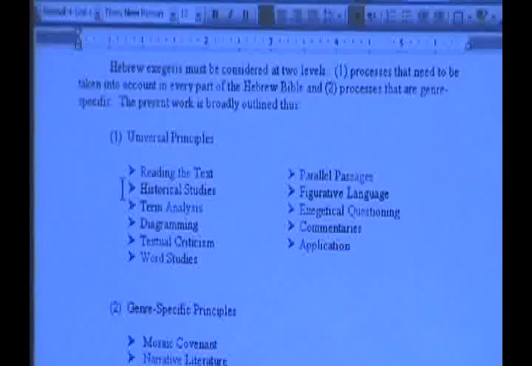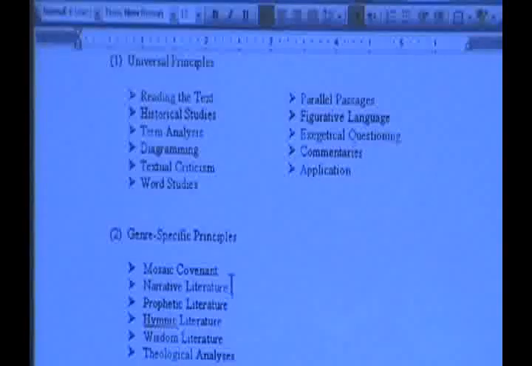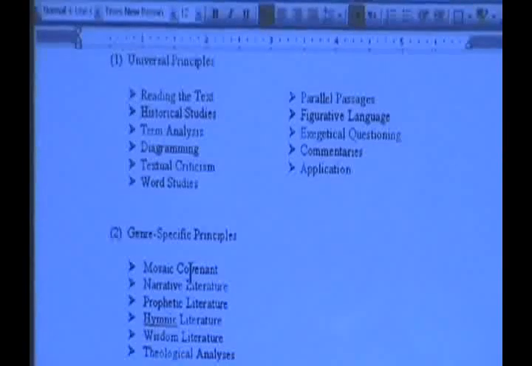This kind of study, reading a text, historical studies, etc. The genre-specific principles, obviously, you only deal with narrative literature, only narrative, right? Those kinds of things. But you use the universal principles when you do this other type of study. So this adds more to it, if you will, or a different approach to it, but you don't forsake the universal principles when you do the genre stuff.